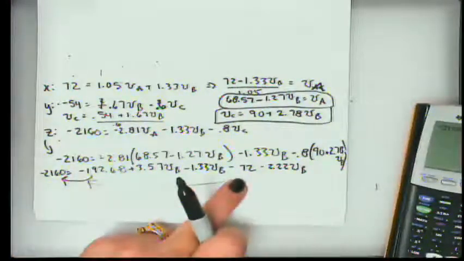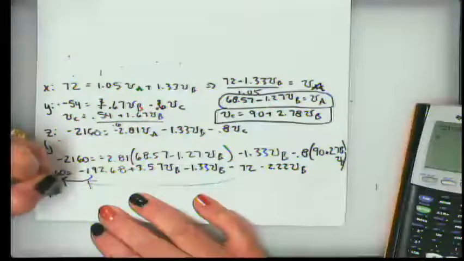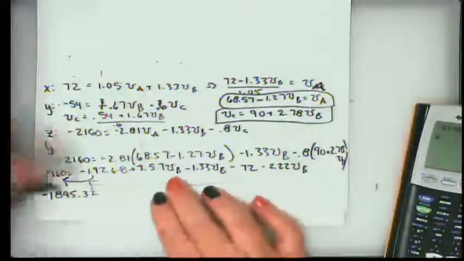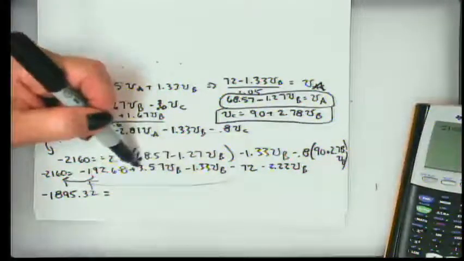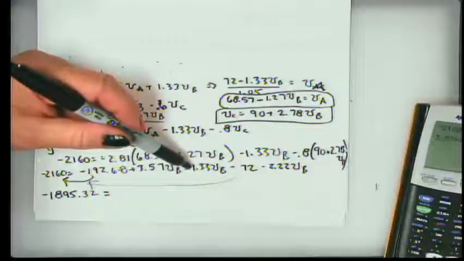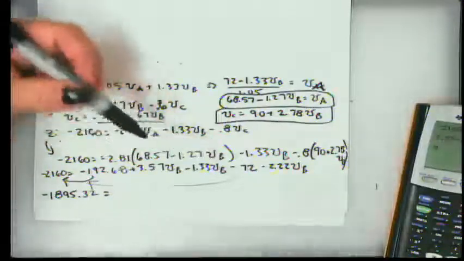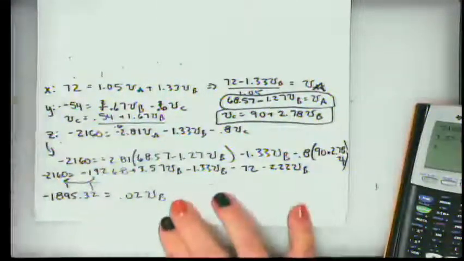And this comes over as a positive, 72. So my constant term on the left-hand side is 1895.32. Then bring together my v sub b terms. I get positive 3.57 minus 1.33 minus 2.22. And that value is 0.02 v sub b.